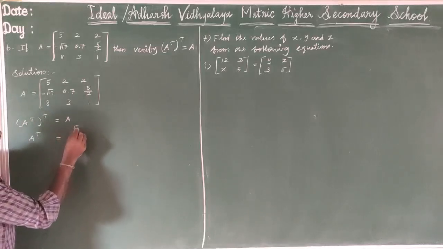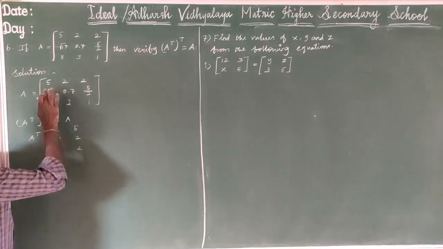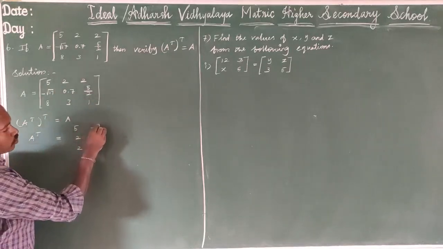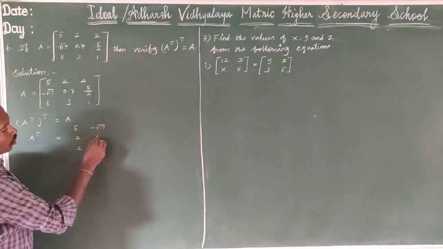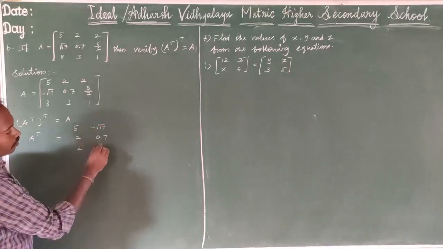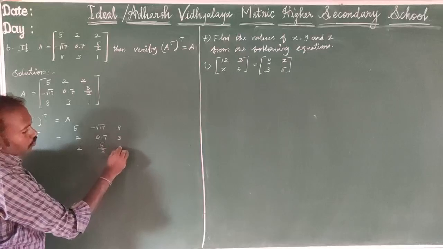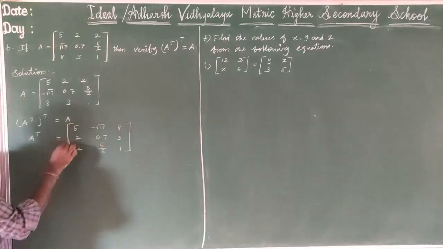Interchanging the first row 5 2 2 into the first column, and also minus root 17 0.7 5 divided by 2, and also 8 3 1. That is the transpose of A.